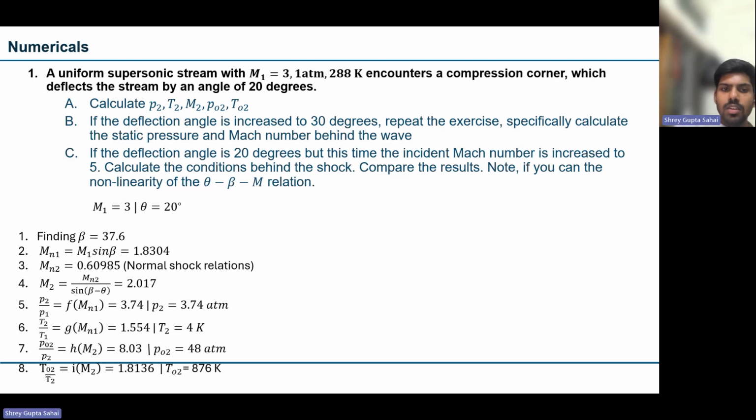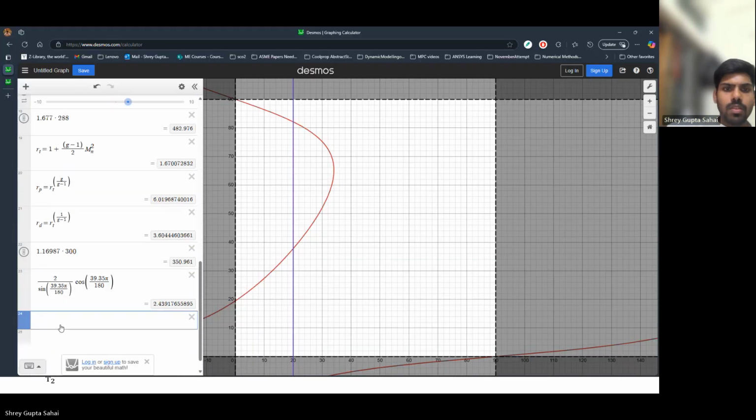And here it is 288 times 1.554. 288 and 1.554 is around what? Let's see what this number is. 1.554 times 288 is 447, not 337, 447.